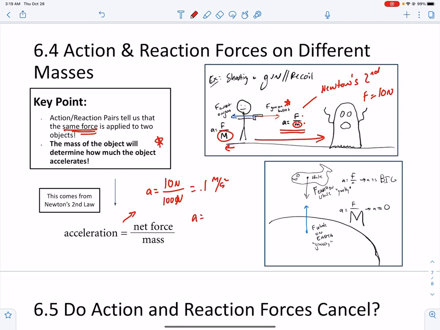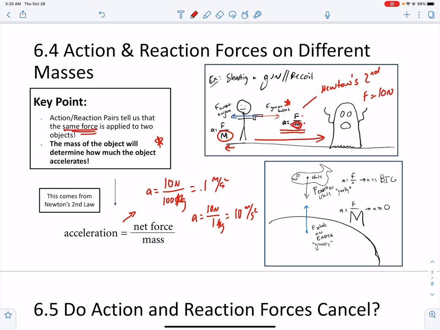For the bullet, maybe we have a 1 kilogram mass. That's 10 meters per second squared. So why do we see the bullet zoom off and the gun doesn't move very much? Because mass makes the big difference.